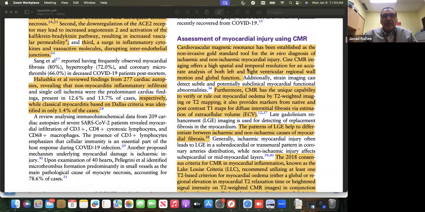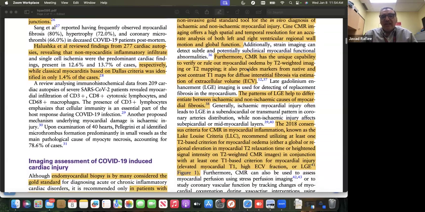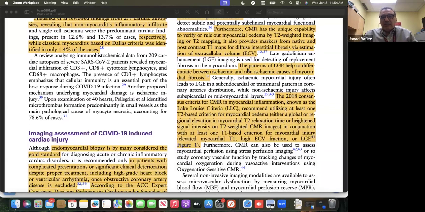In a post-mortem examination of about 300 patients who died from severe COVID-19, they found that myocardial injury based on the Dallas criteria was present in only about 2% of cases. So you see, it is not the classic pathway to myocardial injury as with other viral infections.